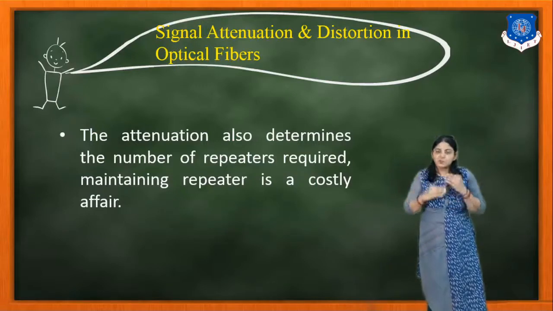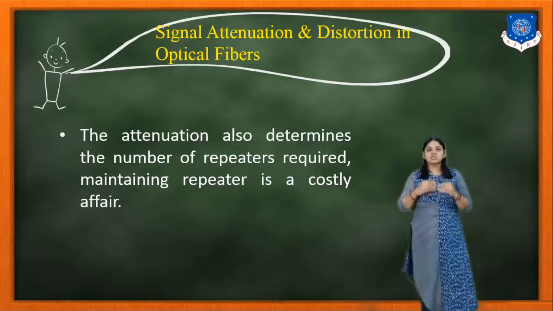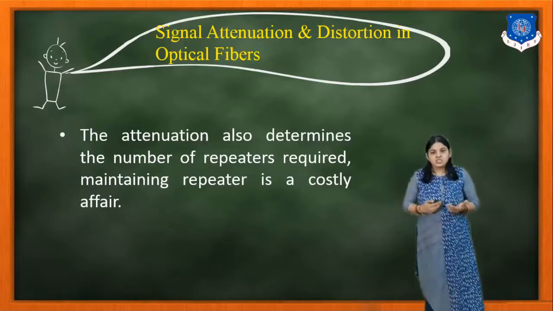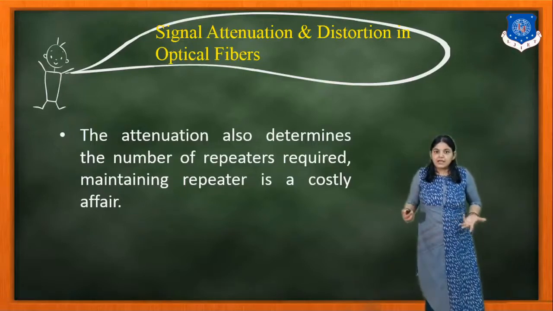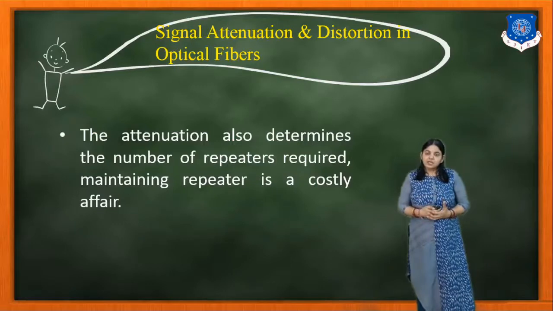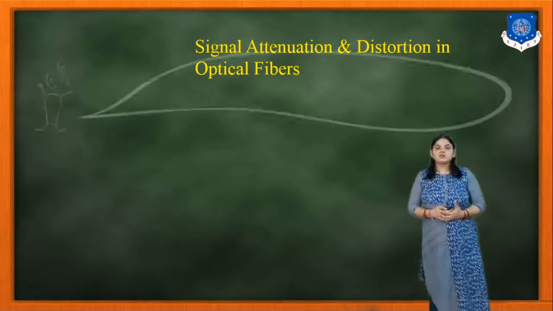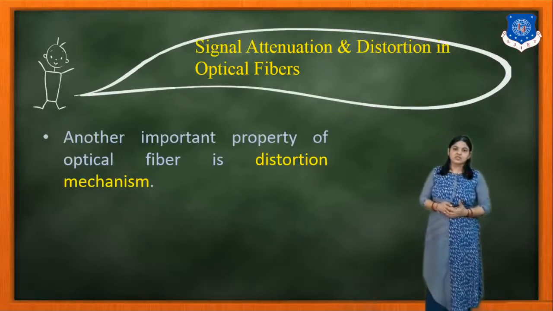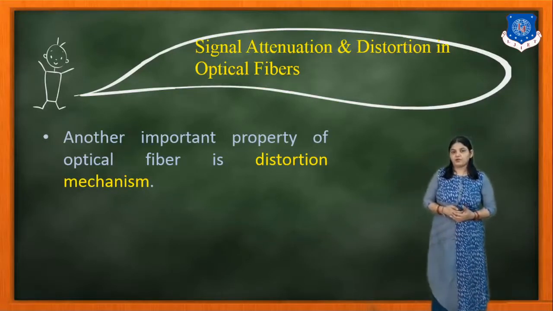To maintain the signal as the original one, we have to put in repeaters. If the attenuation is very large, we want a large number of repeaters in our system. This way, the study of signal attenuation and distortion is also important.